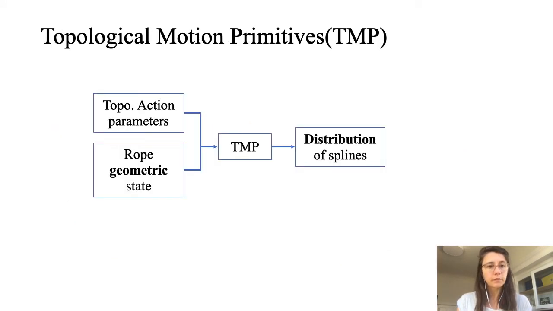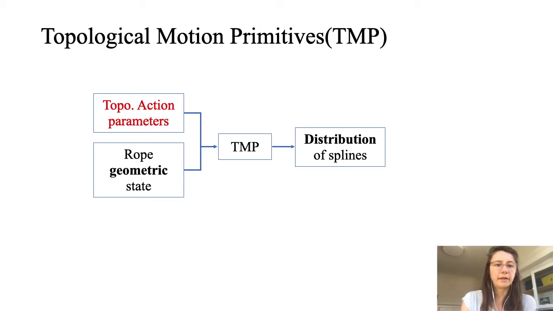Okay, so since there are many topological actions, we want to learn models that can generalize across these topological actions. Therefore we define topological motion primitives, TMP here, as the functions that take as input the rope geometric state and the topological action parameters and output a distribution over splines. The splines are the trajectories that the robot end effector has to follow with the rope in hand.